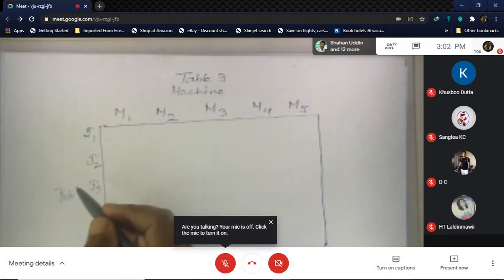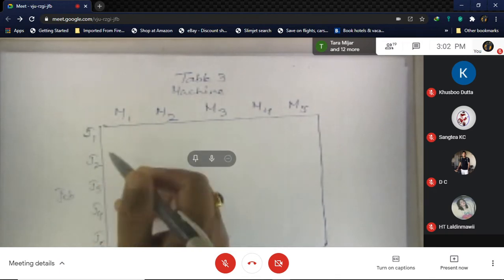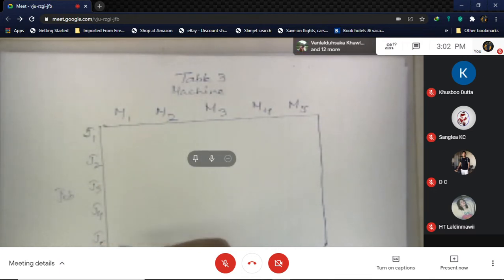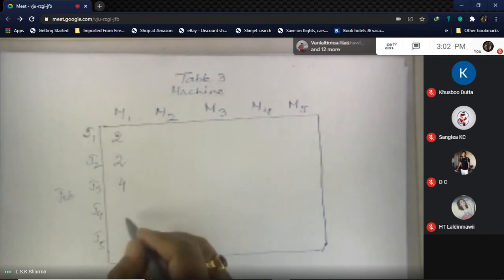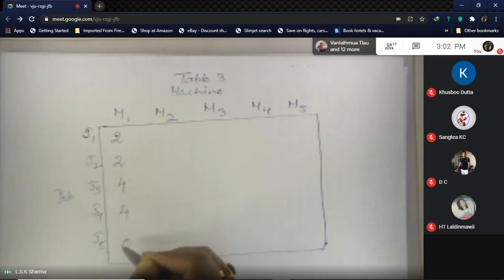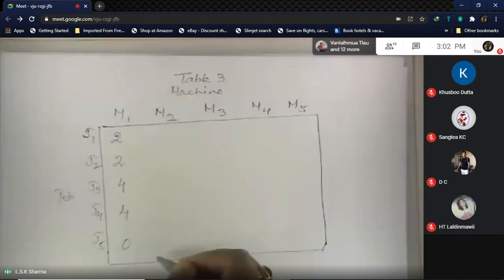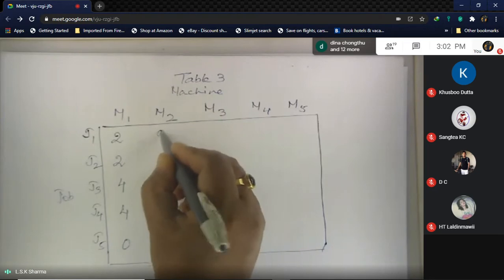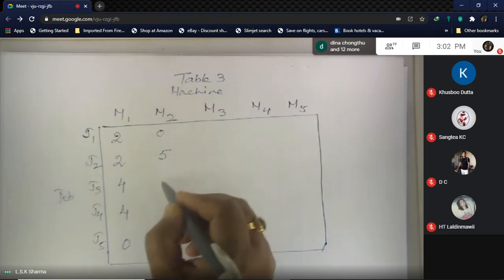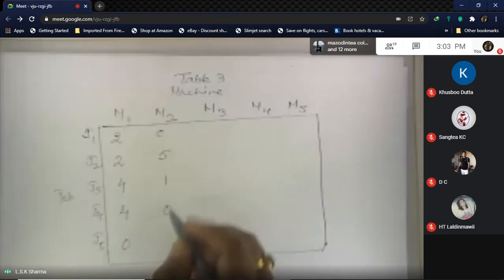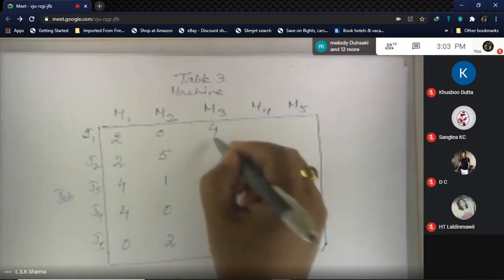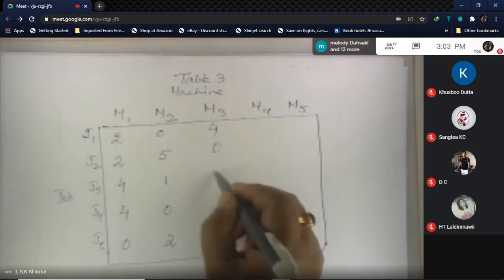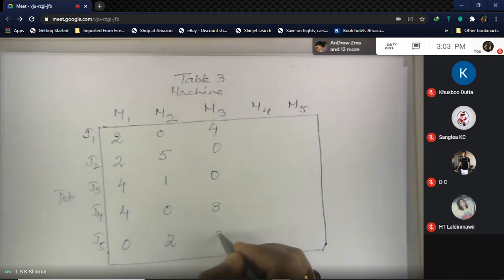Now for machines 1, 2 and 3, you don't have to do anything. Subtracting 0 from all these, the numbers will remain the same: 2, 2, 4, 4, 0. Similarly for the second column M2, 0 is there, so it will remain as it is: 0, 5, 1, 0, 2. The third one: 4, 0, 0, 3, 3.